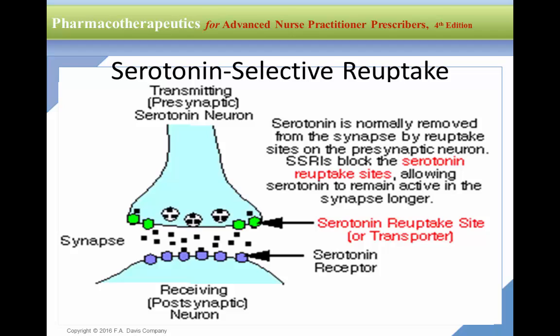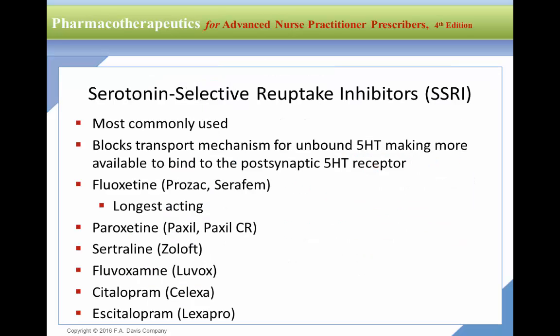Now let's talk about the most important and first line treatment for depression and anxiety, which is the selective serotonin reuptake inhibitors. And that includes Prozac, paroxetine Paxil, sertraline Zoloft, fluvoxamine Luvox, citalopram Celexa, and escitalopram Lexapro.